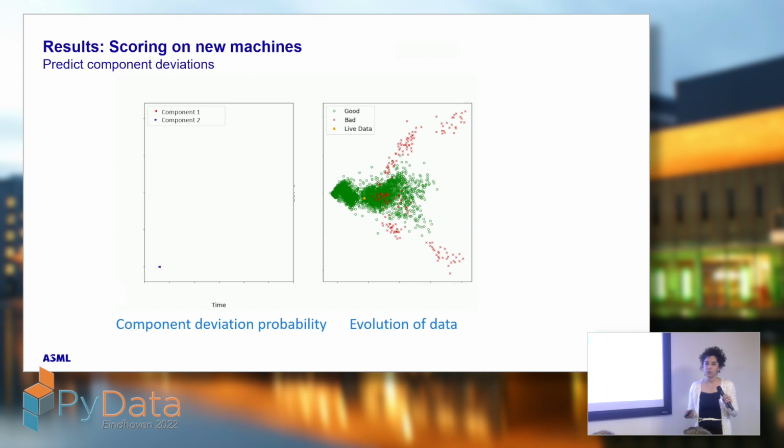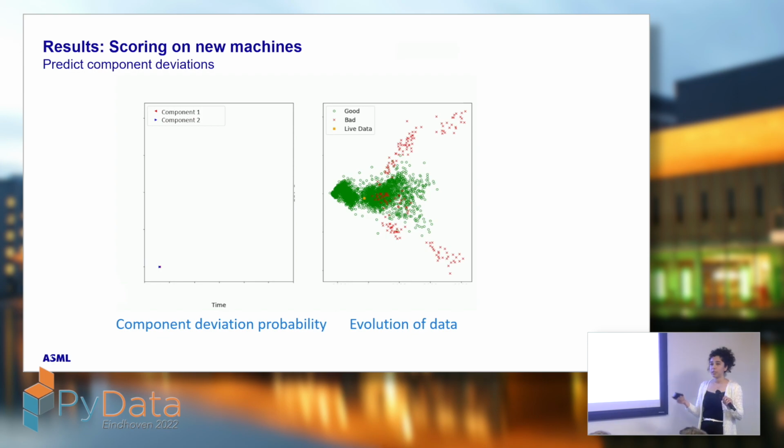To show you visually how it works, we want to show you a video. But before that, let's see what we want to watch. On the left side, you see a green and a red area, which is about the status of the machine.